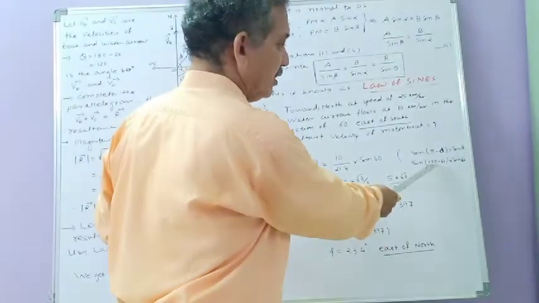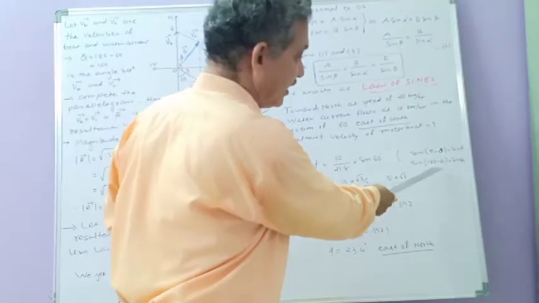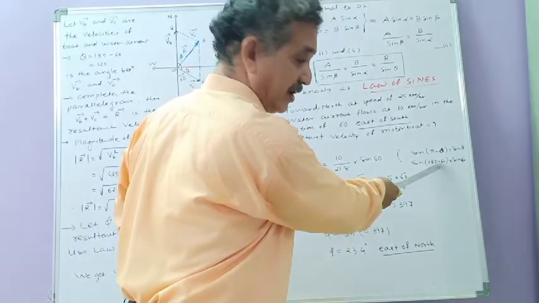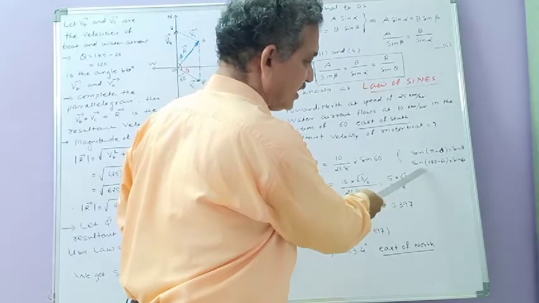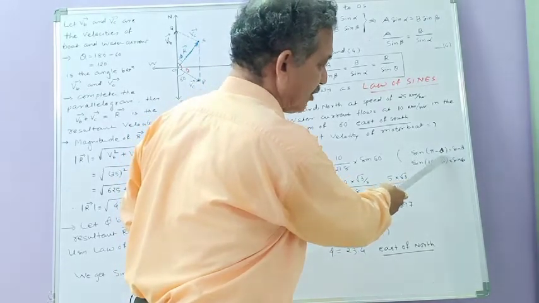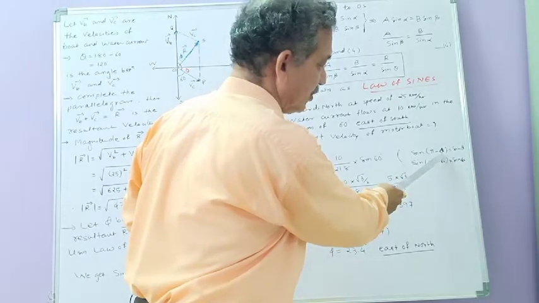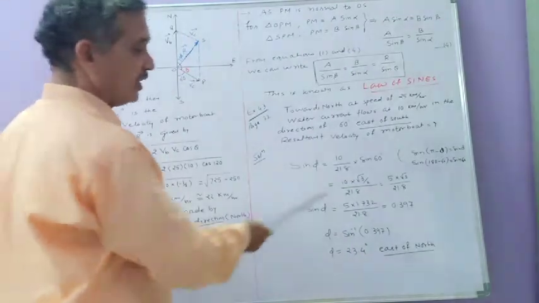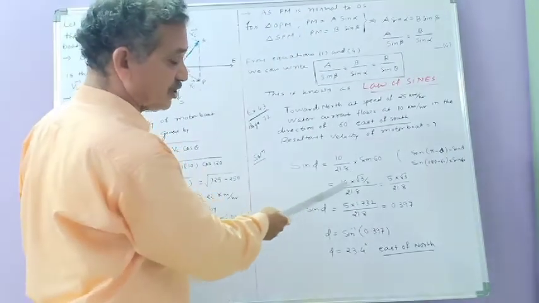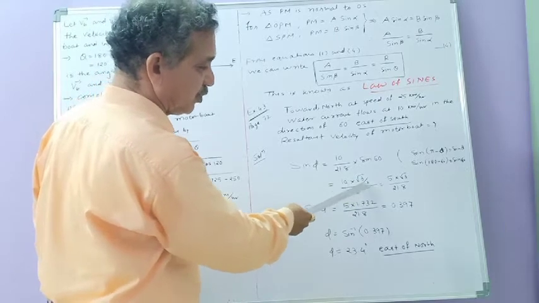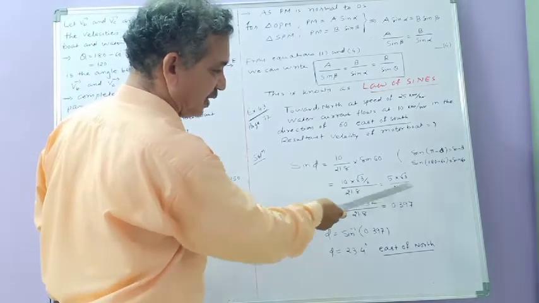So sin 120 can be written as sin of 180 minus 60, which becomes equal to sin 60. Then substituting the value, sin 60 is root 3 by 2. So 10 into root 3 by 2 upon 21.8. 10 upon 2 is 5, so 5 into root 3 upon 21.8.